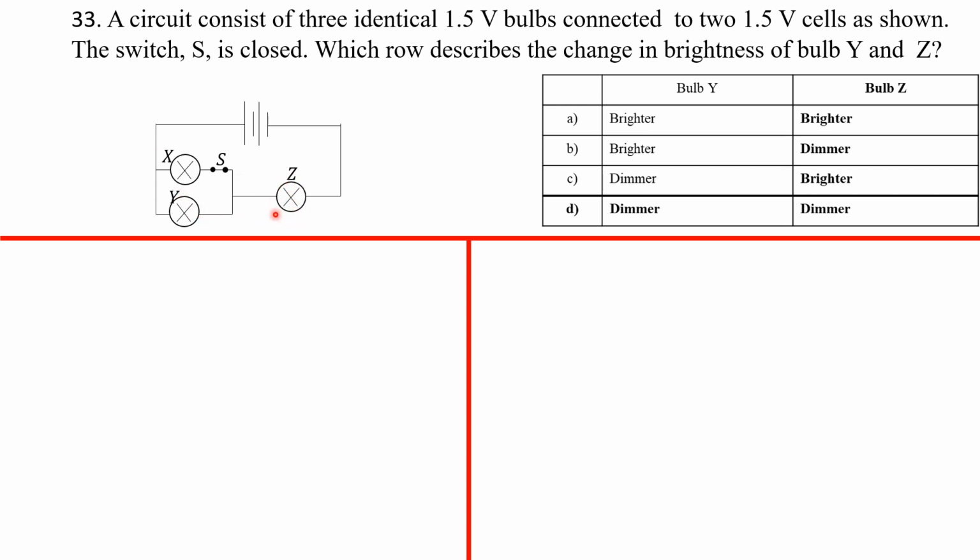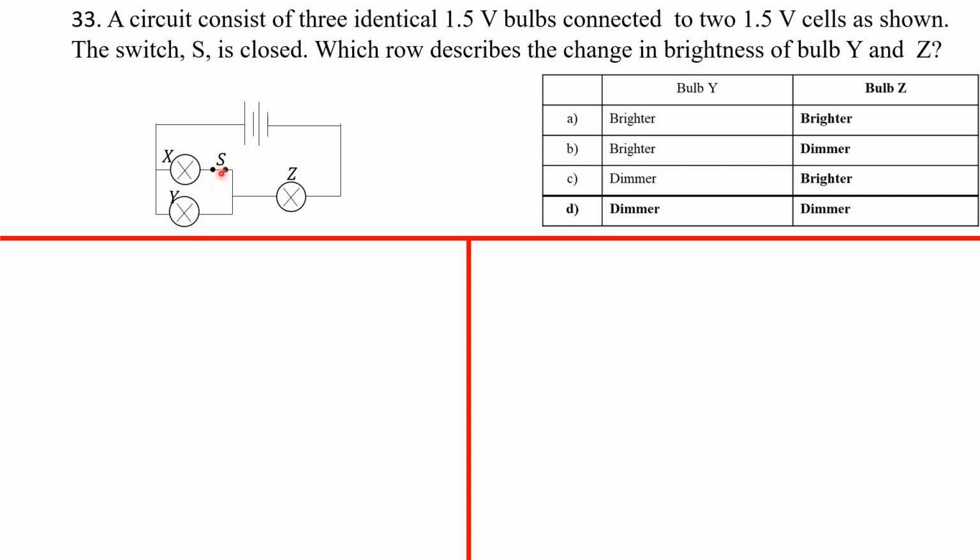Because more PD is dropped across A, and the whole current goes through A, its brightness has increased. The brightness of Y would dim. Why does Y dim?